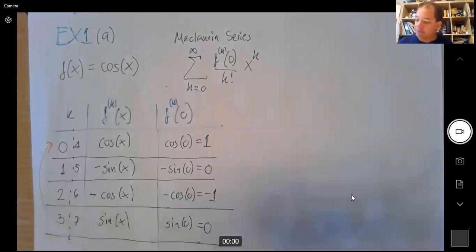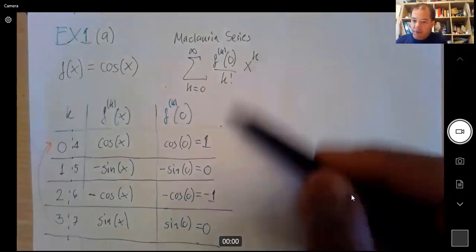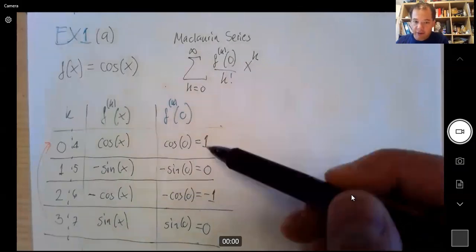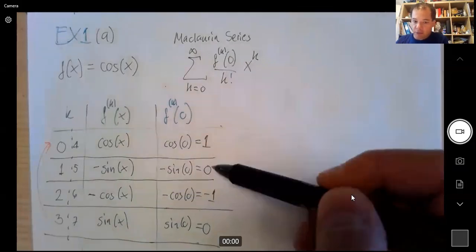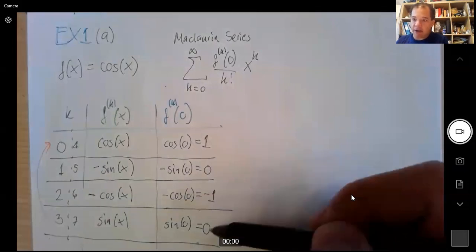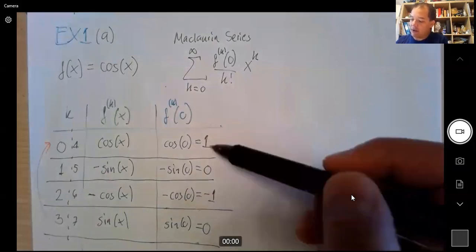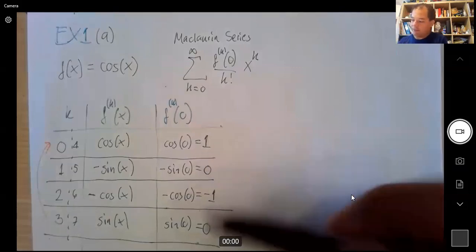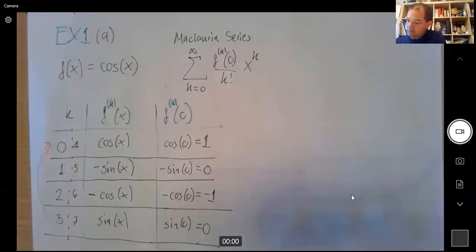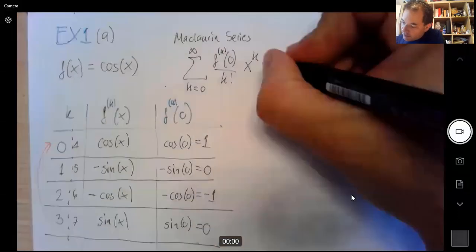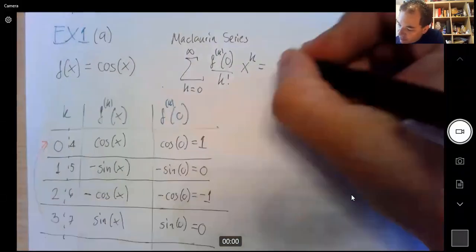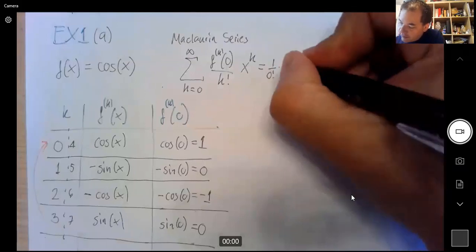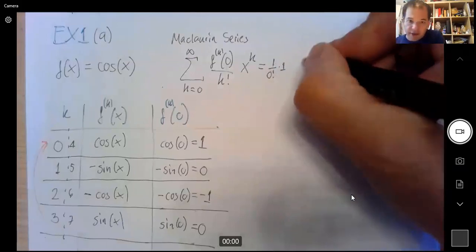What is the pattern? Well, the coefficients, these numbers over here, start with 1, then 0, then negative 1, then 0. And then again, 1, 0, negative 1, 0. Right? Let's write it down. The first one will be 1 over 0 factorial times x to the 0. That's 1. Then 0, so we don't write anything.